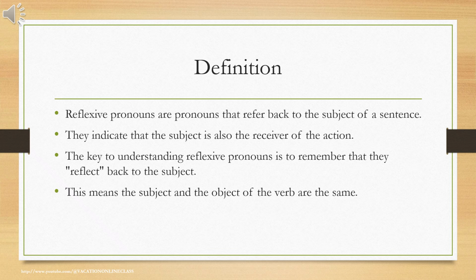So they indicate that the subject, who is supposed to be the doer, is also the receiver of the action of the verb in the sentence. So the key to understanding reflexive pronouns is to remember that they reflect back to the subject. This means that the subject and the object are the same. Therefore, without a subject, there can't be a reflexive pronoun.